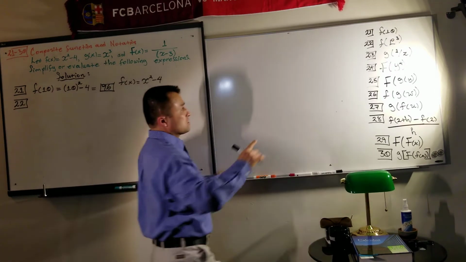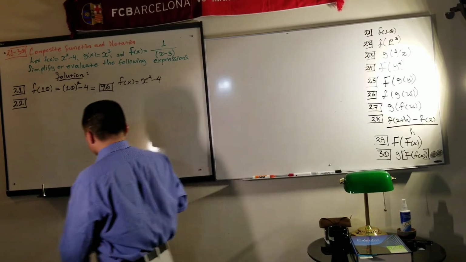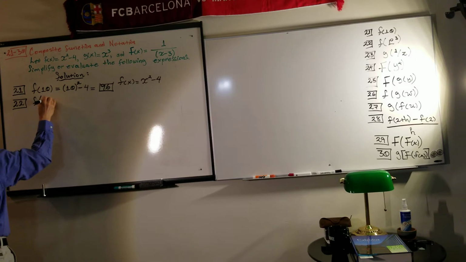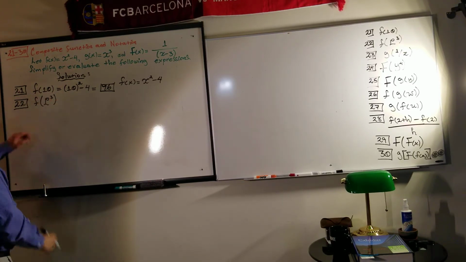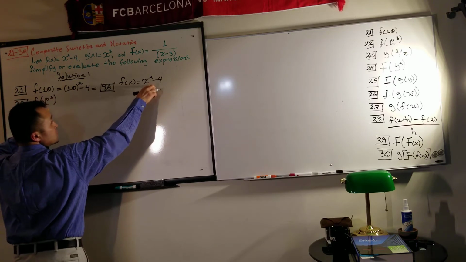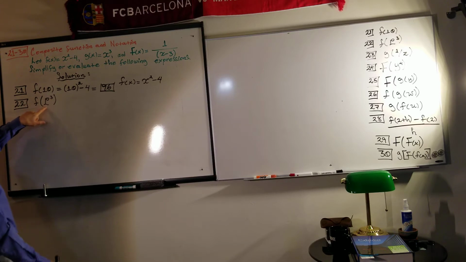22 says f of p to the third power. Since we know that f of x is equal to x squared minus 4, we substitute x with p to the third.